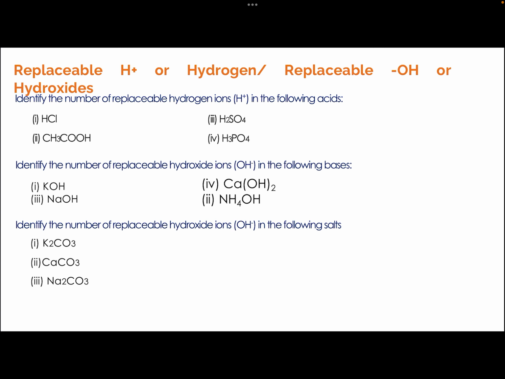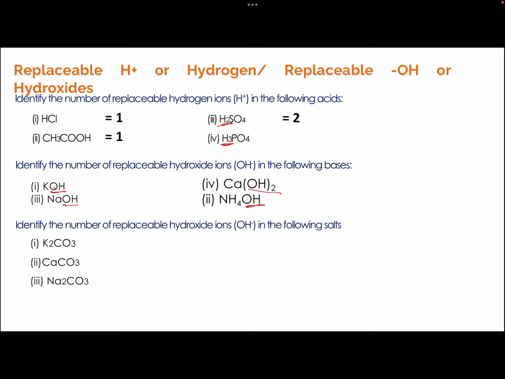Okay, so let us try this one: the number of replaceable H or hydrogen, or replaceable OH or hydroxide. So HCl is one, then CH3COOH is still one, H2SO4 two, H3PO4 three, KOH one, this one two, this one one. This one is ionic bonding.